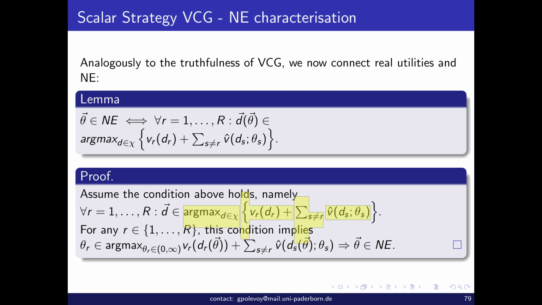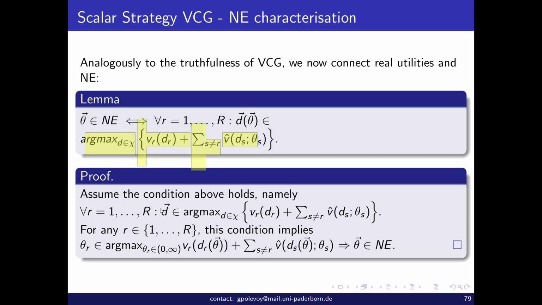And what it means is that for each player, theta R is in particular maximizing this expression, because it can never be better than the optimum value of the expression when D is anything in C, so D is any allocation. That's the best thing you can have.